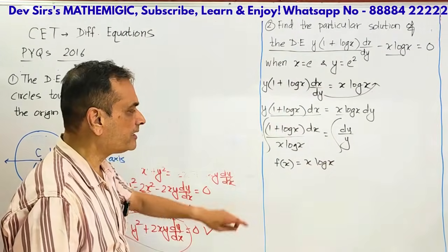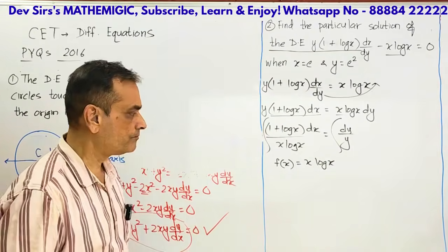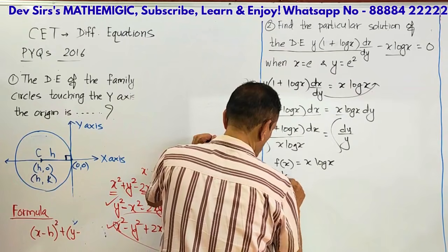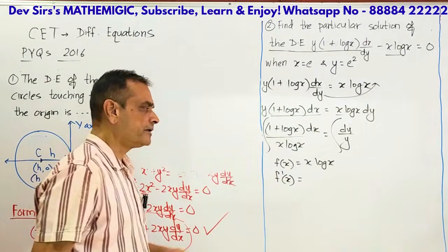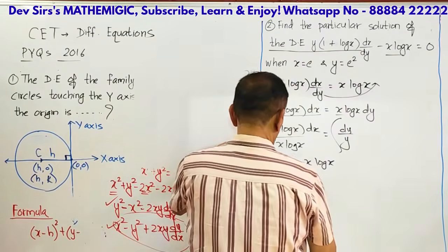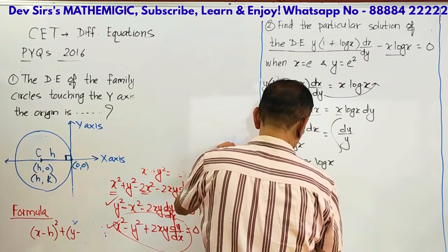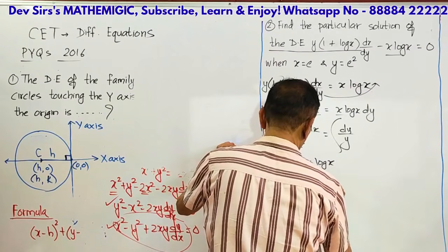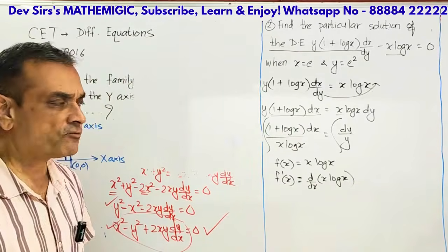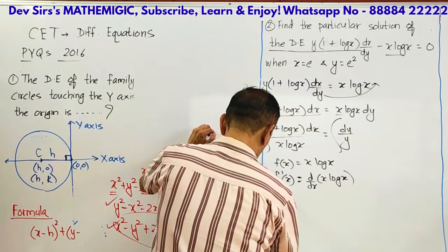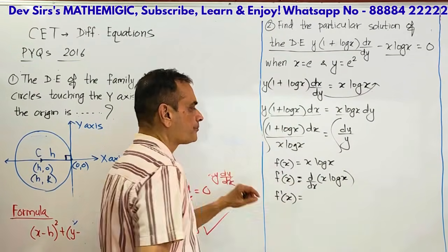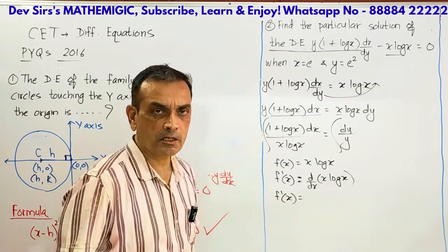Supposing if you take the denominator, call it as fx, x log x. Differentiate. Derivative of fx, f dash x, d by dx of x log x. X into log x, product rule.